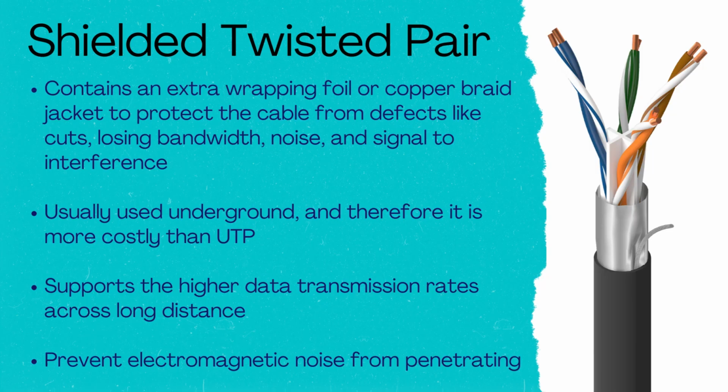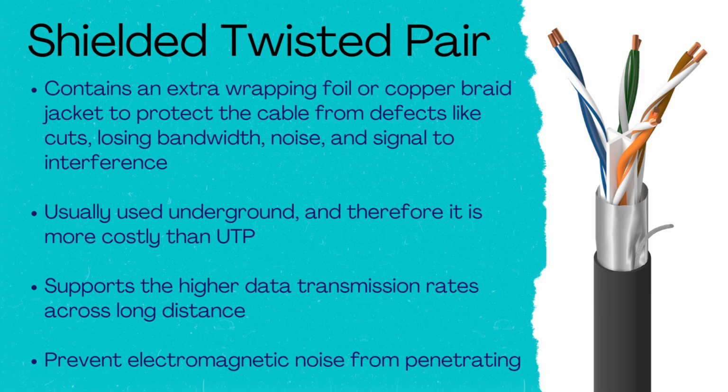Okay, now we talked about UTP and now we are going to talk about STP, the shielded twisted pair. Shielded twisted pair is a type of copper cabling commonly used in networking and telecommunications. Look at these diagrams as well, because they show these types.